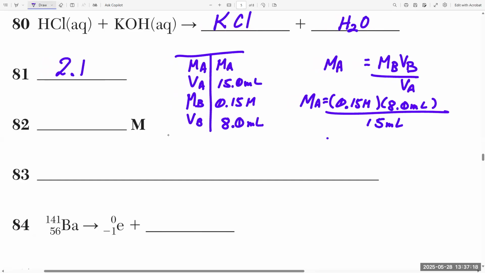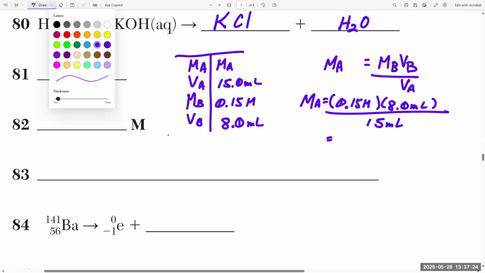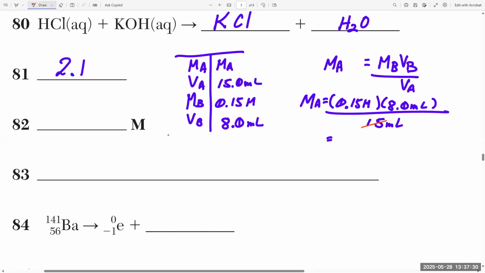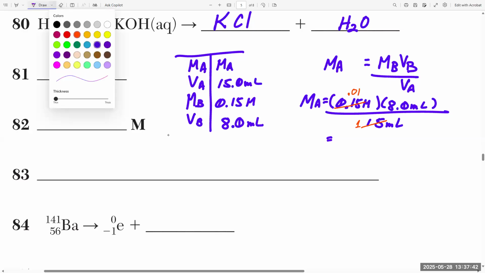I don't even need a calculator for this. If you are uncertain, you can use a calculator, but all I know is that 15 goes into 15. 15 divided by 15 is 1. 0.15 divided by 15 is 0.01. I know that much. I'm not an idiot. At least I don't think so.